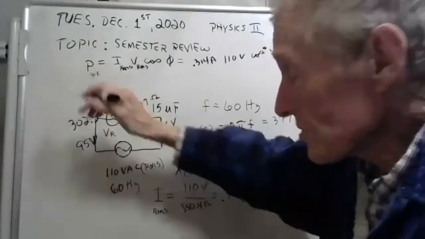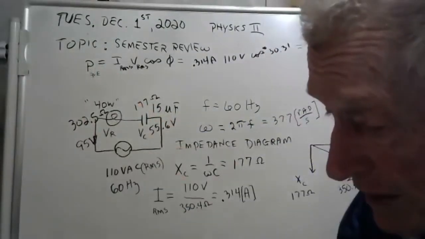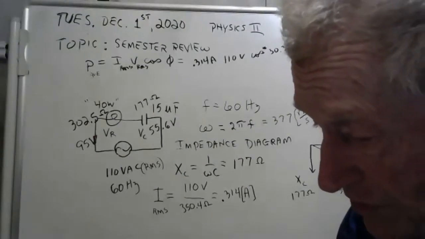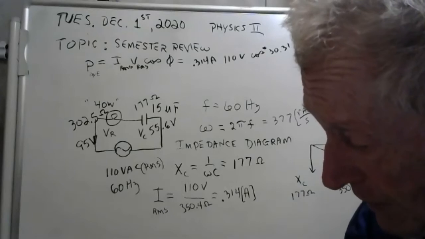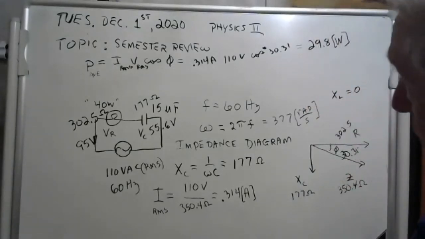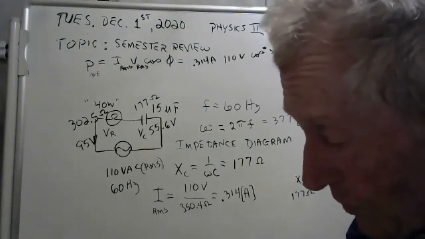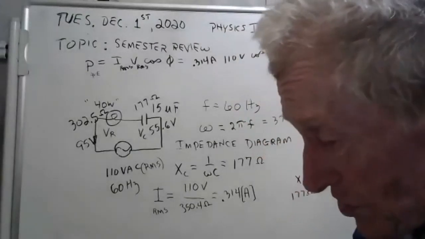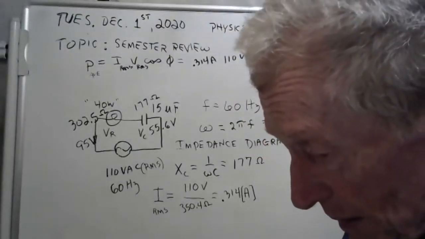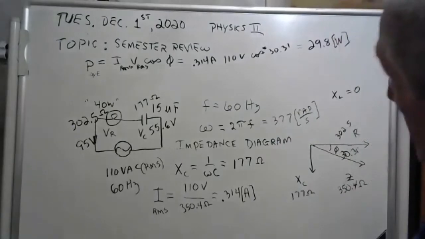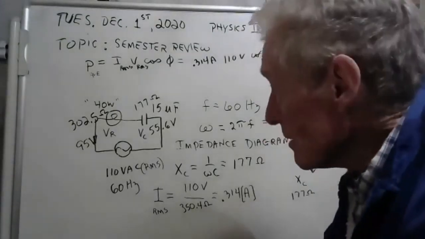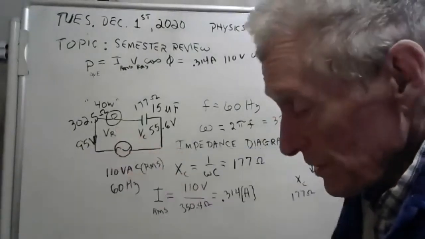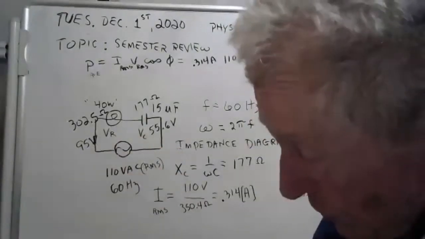The power actually fluctuates because we have a sinusoidal voltage. And so we have an instantaneous power that's changing all the time. But the average power is 29.8 watts. And this resistor is the one that's using that 29.8 watts.